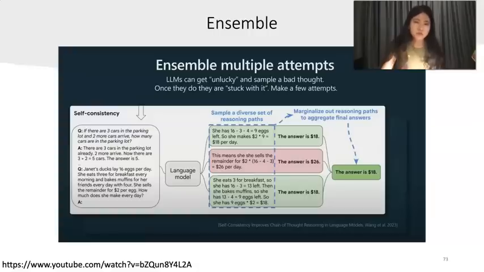You can then do some aggregation, like majority voting or similar strategies, to get your final outputs. So here, maybe you just marginalize out the reasoning paths and aggregate the final answers. Two answers will be 18 and 1 will be 16, so your final answer will be 18. This gives you a more accurate result.